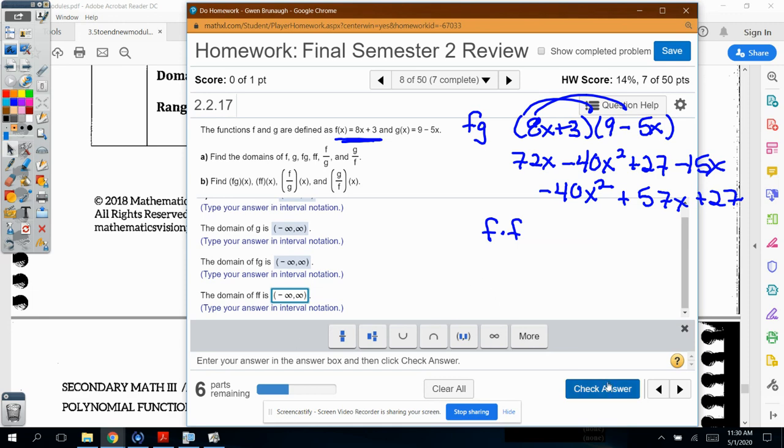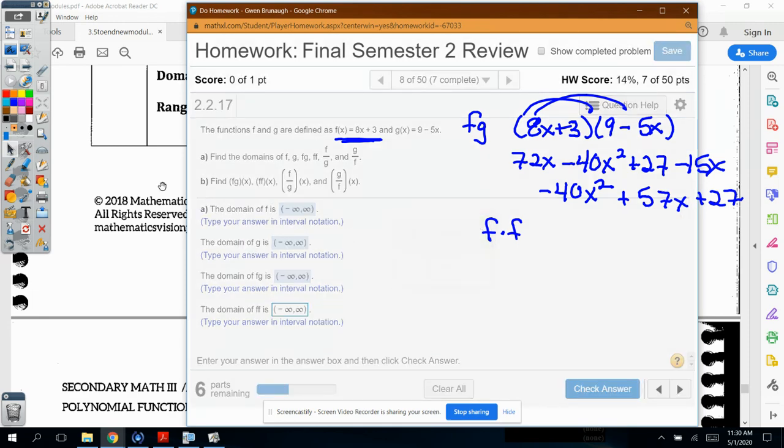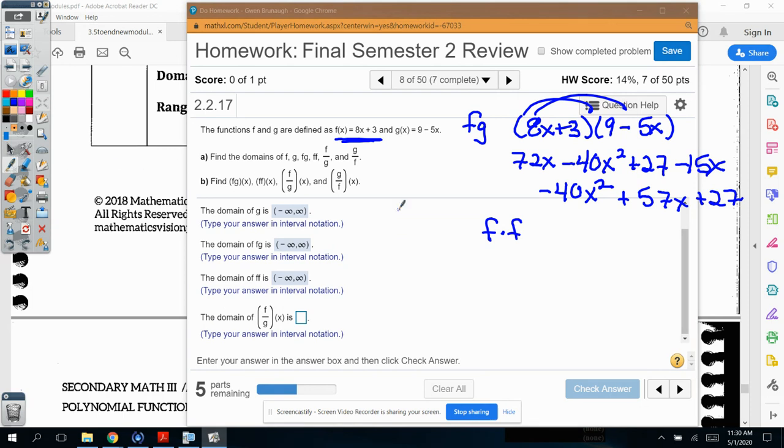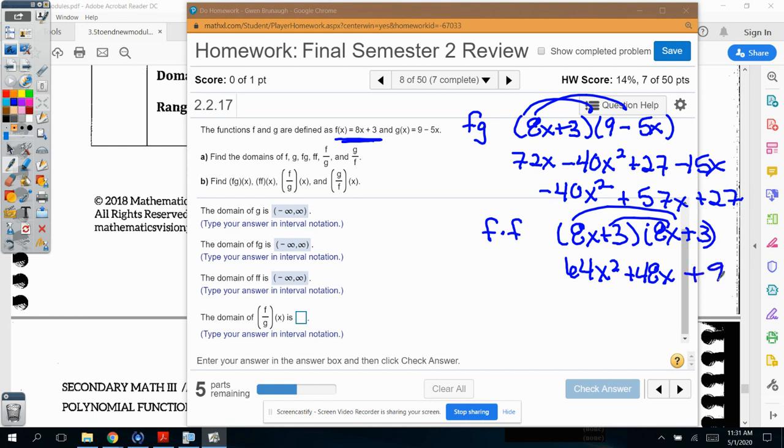Because when you multiply those two together, you get 8x plus 3 times 8x plus 3. You double distribute: 64x squared plus 24x plus 24x plus 48x plus 9.